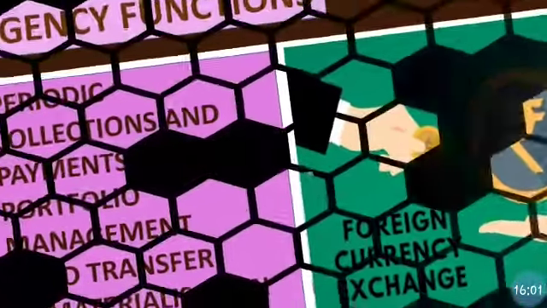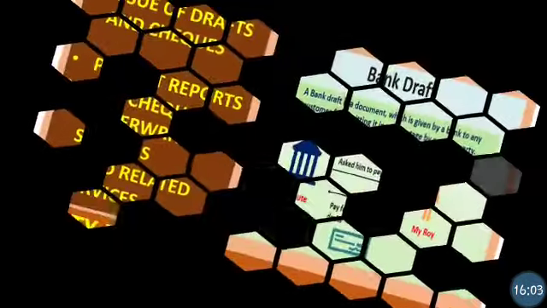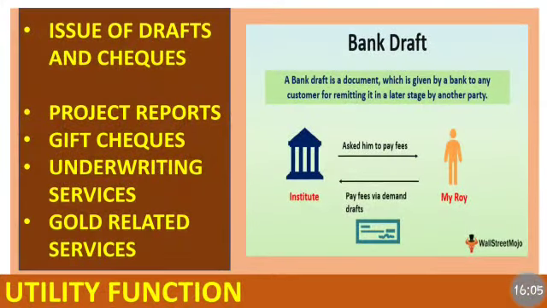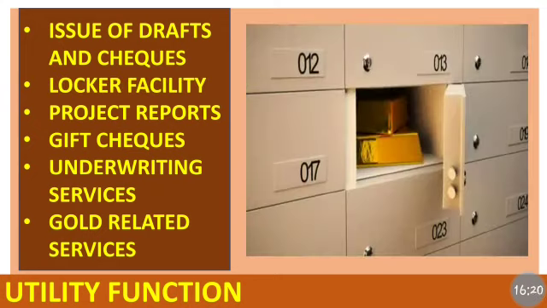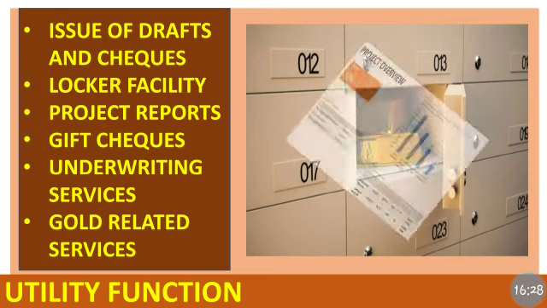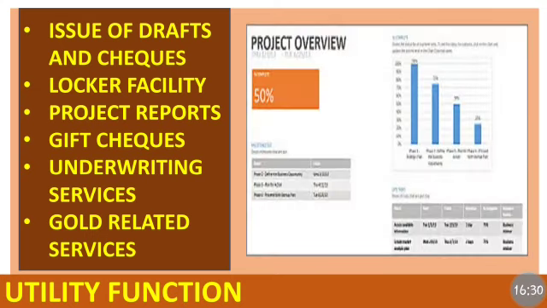Now let's study utility functions. Utility functions are those functions which provide benefits and facilities to clients, such as issue of drafts and checks, locker facility for safe custody of gold or any important documents, etc. Project reports are prepared by the bank.